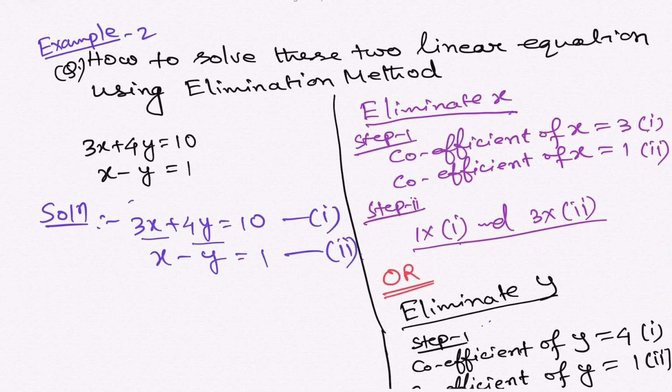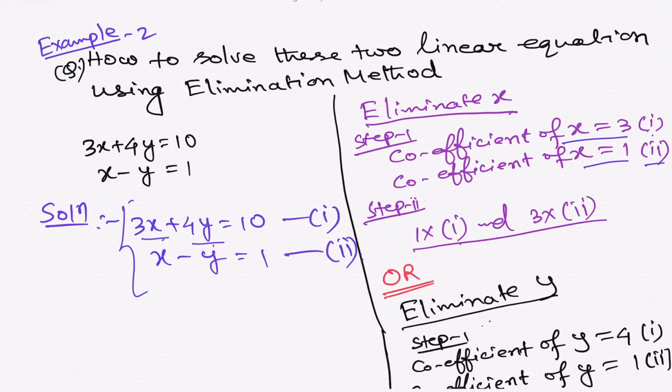When you eliminate x, we see that in our given equations there are two variables, one is x and the second variable is y. First, you write the coefficient of x from both equations. So I write here x equals 3 from equation 1 and x equals 1 from equation 2.